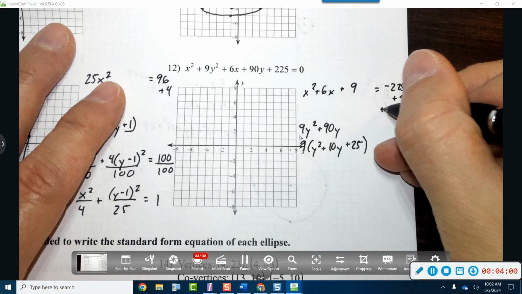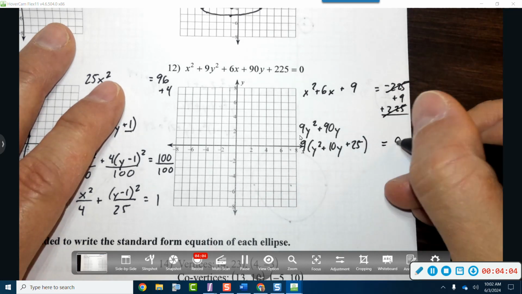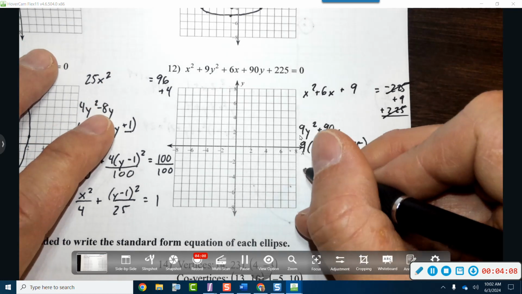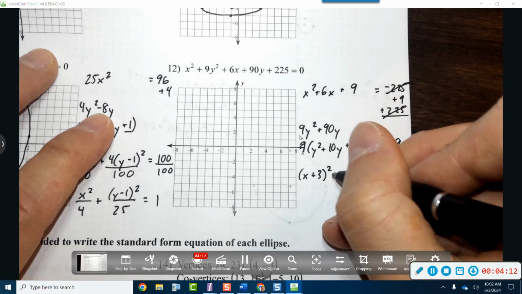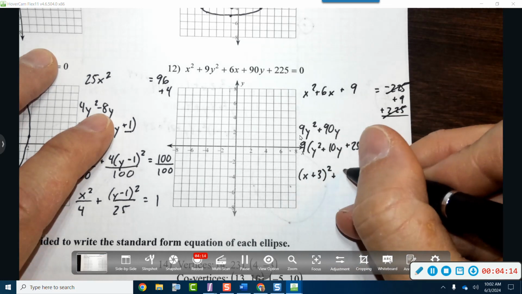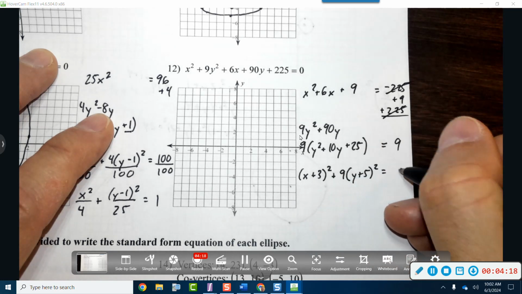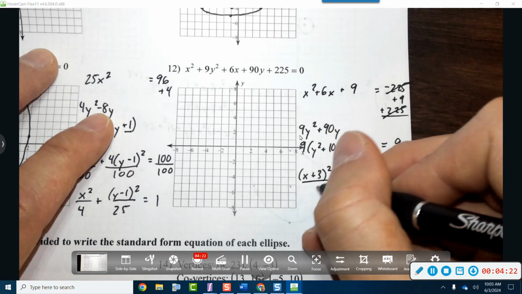All right. So that completely knocks out that, so that we actually are dividing by 9. So we've got x plus 3 quantity squared plus 9 times y plus 5 quantity squared equals 9. We will go ahead and divide everything by 9.